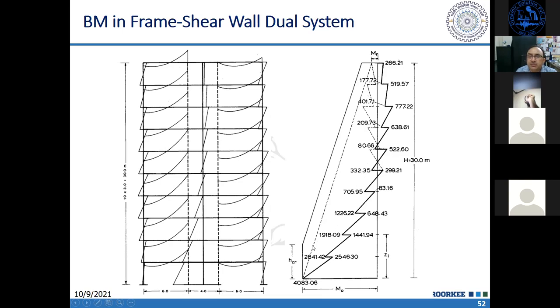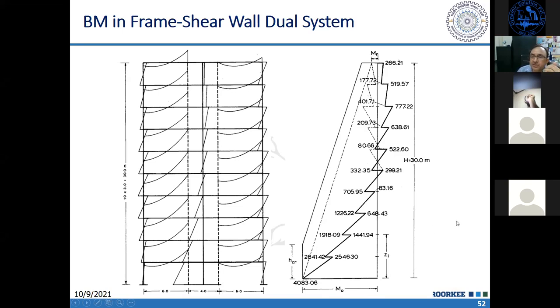So this envelope I enhance in such a way that it is constant up to HCR, and then at any other place there is a sufficient margin. So that when the plastic hinge forms here, there is no hinge forming in the upper portion. There is sufficient margin for the bending moment in the upper portion.